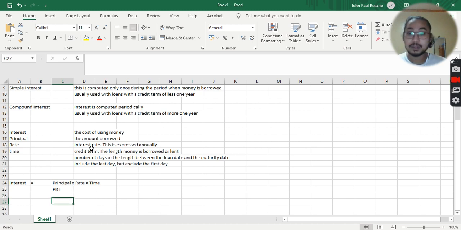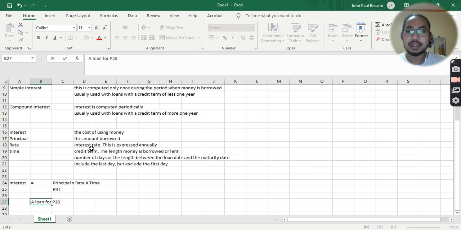let's assume this example, a loan for 280,000 pesos is extended to you at simple interest for 1 year, at a simple interest rate of 9%.